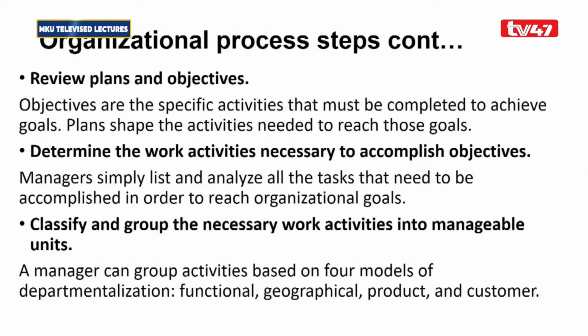So managers simply list and analyze all the tasks that need to be accomplished in order to reach the organization's goal. So each of the managers in the different departments, in the different divisions, need to identify what should be done to reach the target of that organization in terms of the objectives and the goals.